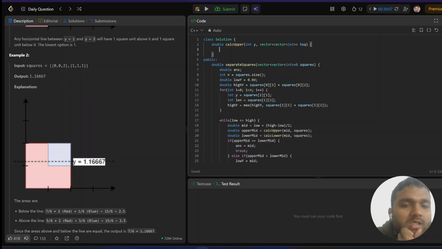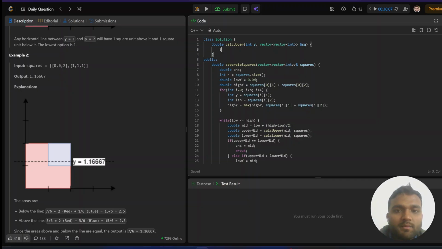This function will calculate the area of the upper side above the y. So let me calculate for all the squares that come above this y coordinate.